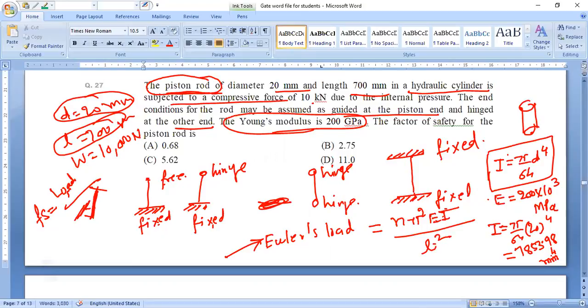मिलीमीटर पावर 4. So it is millimeter power 4. Now come to this n, what is this n? This n is known as end fixity coefficient. इसका नाम है end fixity coefficient. तो ये कैसे डिटरमाइन होता है, it is determined with the help of end conditions.